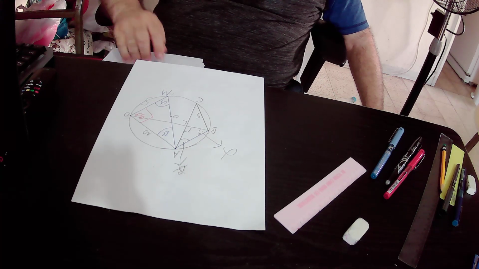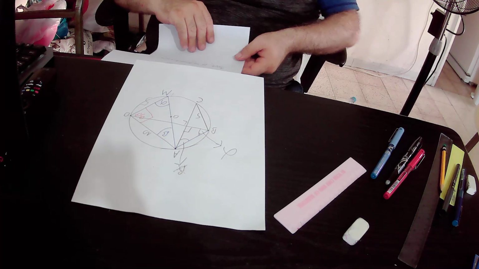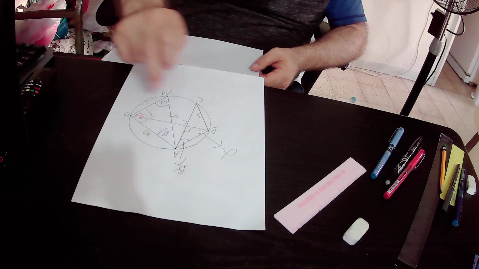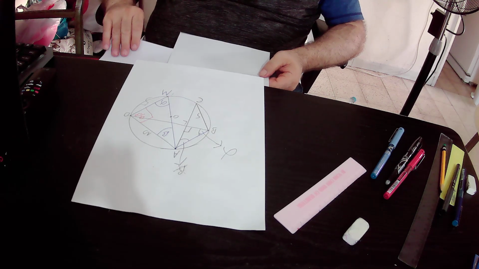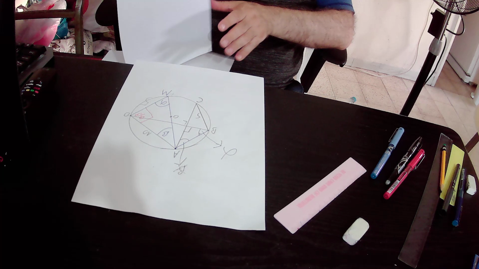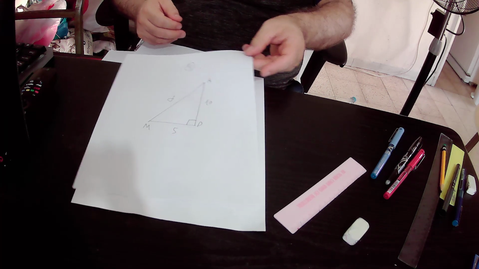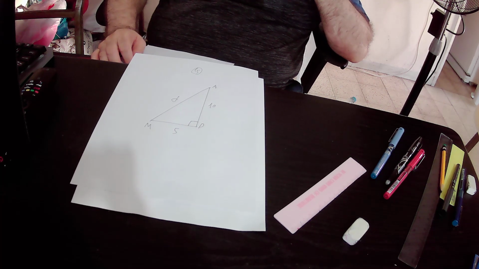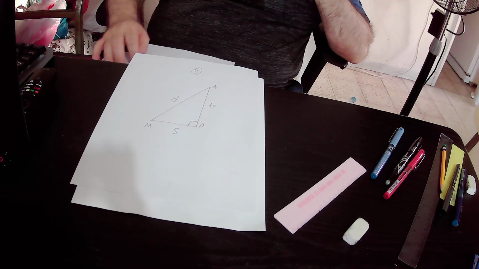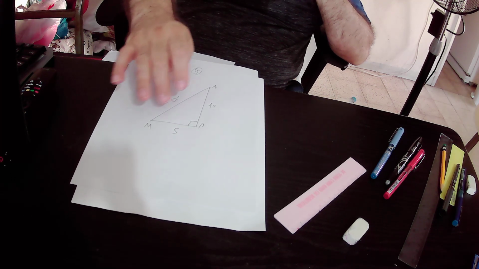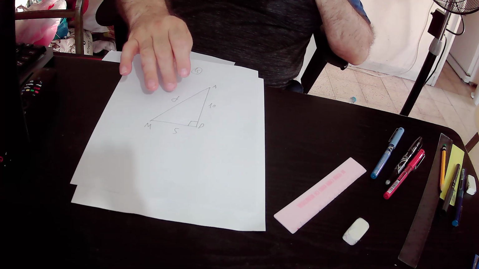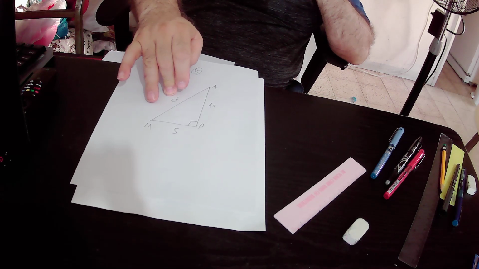And I draw the right triangle AMD again. Chord AM is the diameter of this circle, so we call it D, abbreviation for diameter.